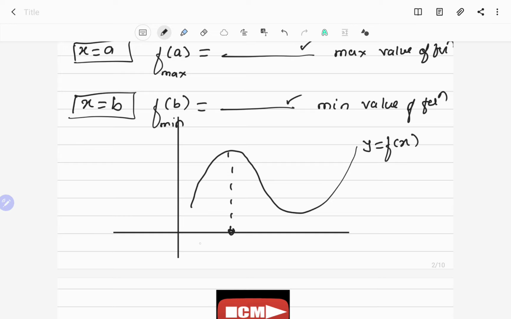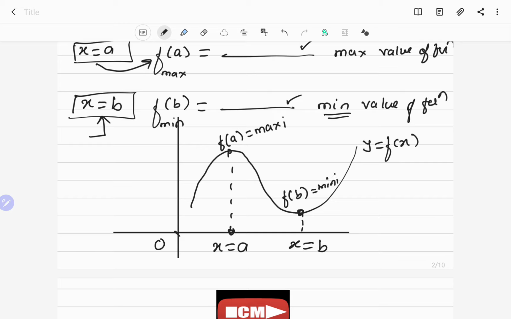Whatever we assume, let's say this is x equal to a somewhere, and you will observe at x equal to a, the function is maximum. So this is the maximum value of the function. So here we say f of a is the maximum value of this given function, and as per this theoretical discussion, at x equal to b the function is minimum, meaning at x equal to b you will get the minimum value of the function, that is, f of b is the minimum value of the function.